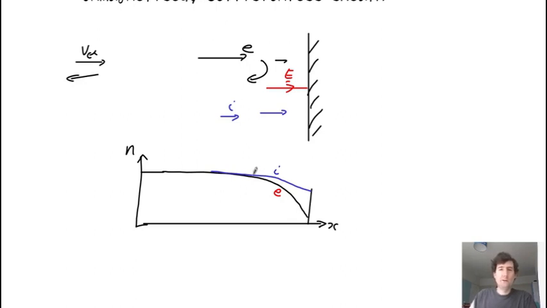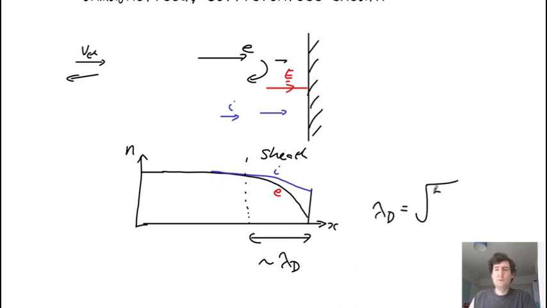This region where the electron and ion densities are not equal is called the sheath. It has a width of a few Debye lengths, because the plasma shields out electric fields and shields out any differences in electron and ion density on the order of this length scale, where lambda D is the Debye length: the square root of epsilon naught times the electron temperature over n e, where n is the density.